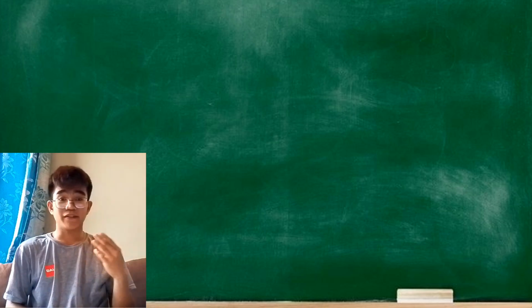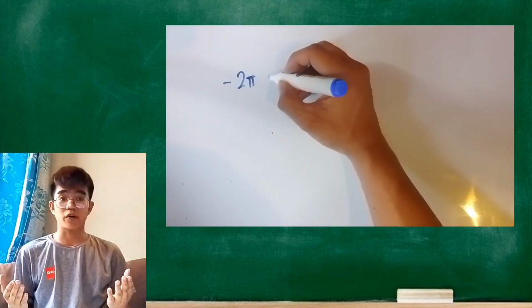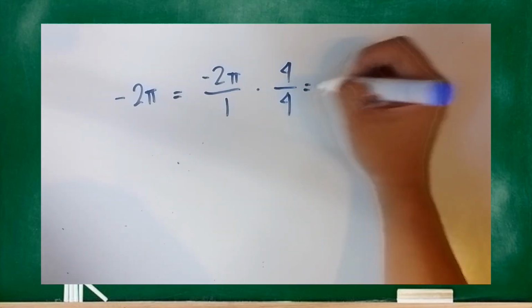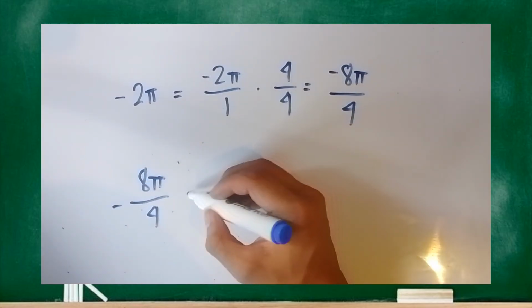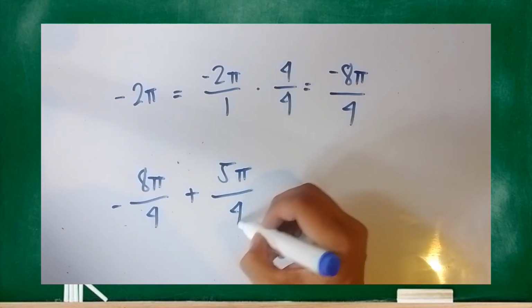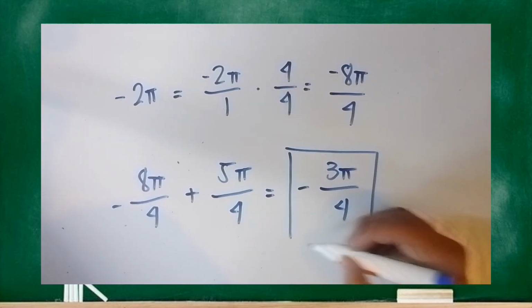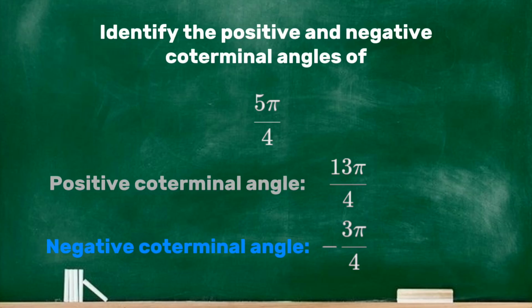And to find the negative coterminal angle, simply subtract 2 pi from 5 pi over 4. Following the same process, instead of adding, we simply subtract. With that, the positive and negative coterminal angles of 5 pi over 4 are 13 pi over 4 and negative 3 pi over 4.